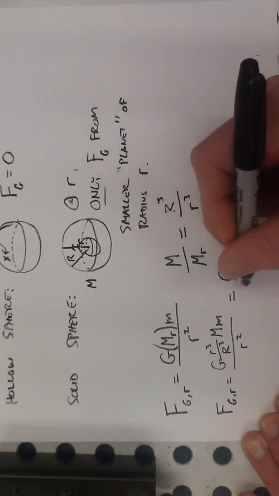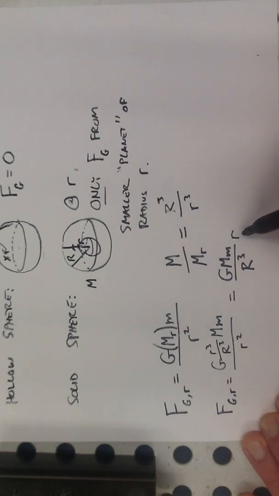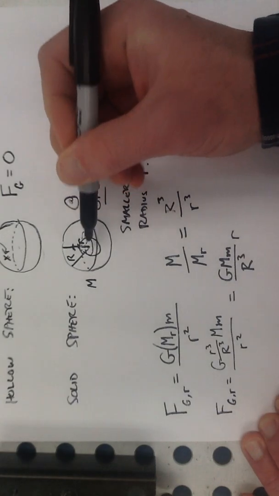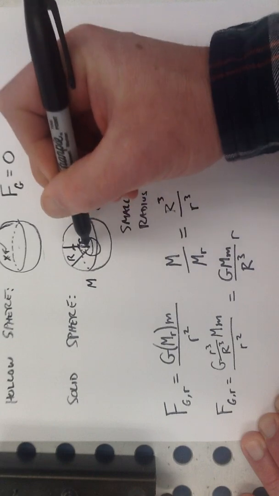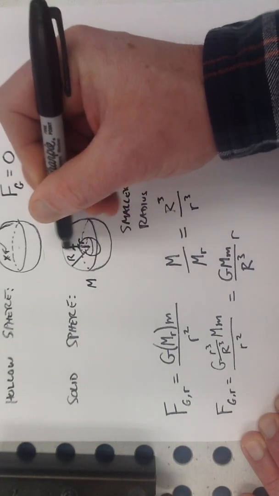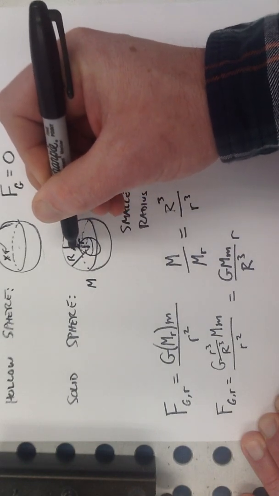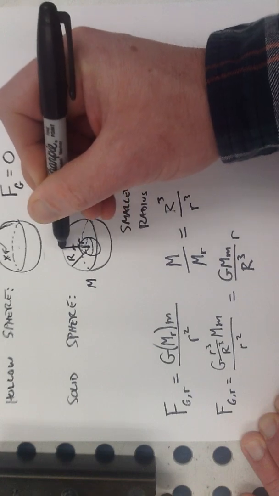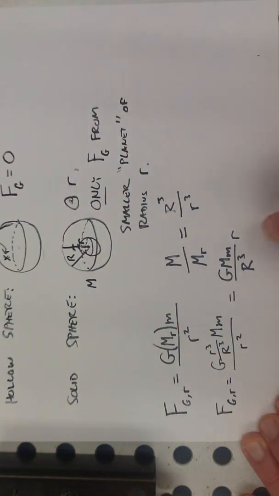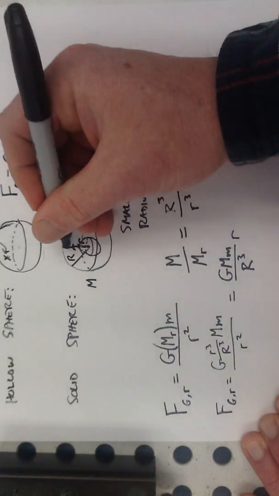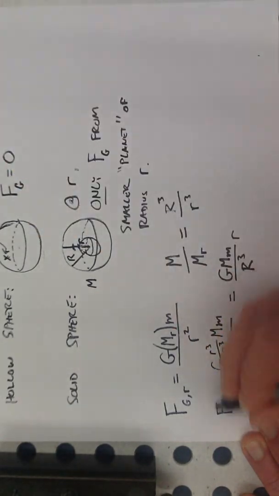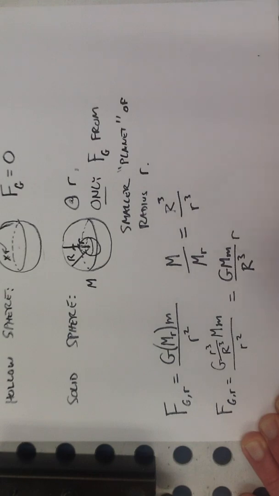So this whole thing is a constant, and this is just r to the first power. So that means if you started out at the very, very center of this and then worked your way to the outside with r increasing, the little r increasing all the way until you got up to big R, then the amount of gravitational force you feel is just linearly, first power, dependent on that distance.